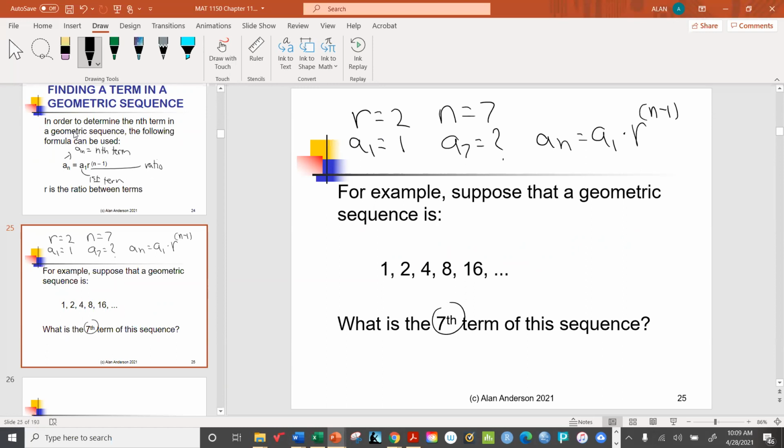So therefore, now again, like before, we could do this ourselves. I mean, you can see that you're going to have 32 and 64 and 128, et cetera, et cetera. And so this is the 7th term. So we already know that the answer is 64, but let's just prove this with our formula.